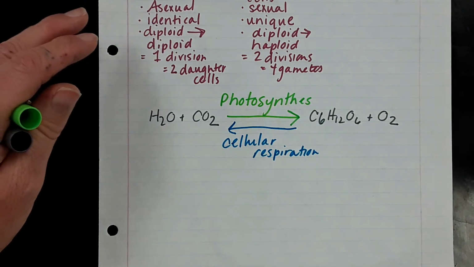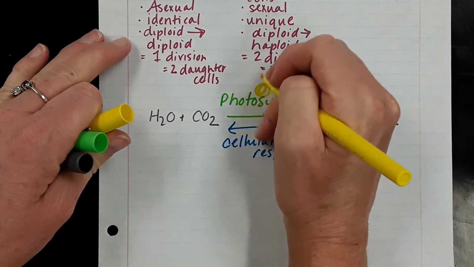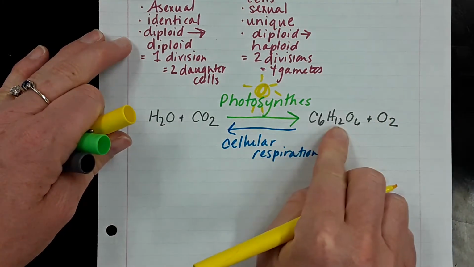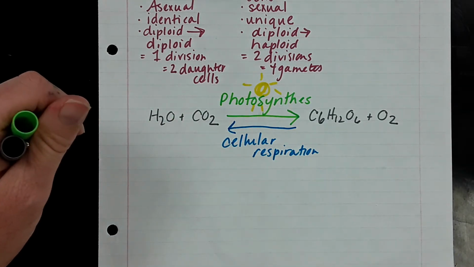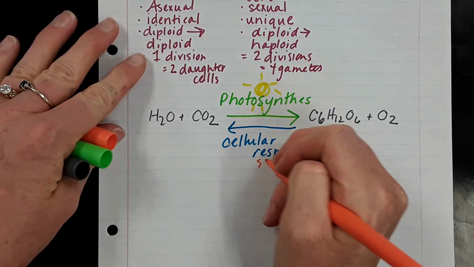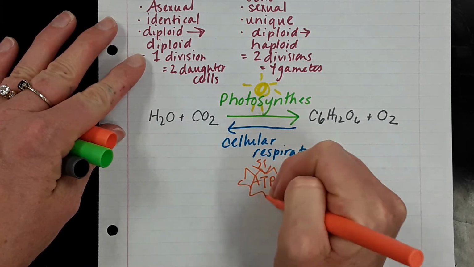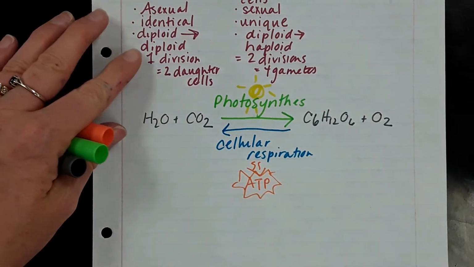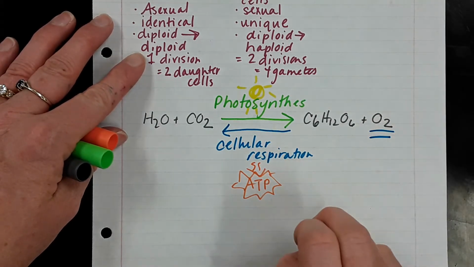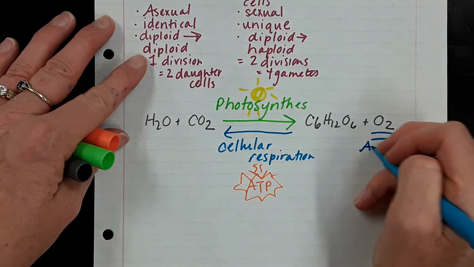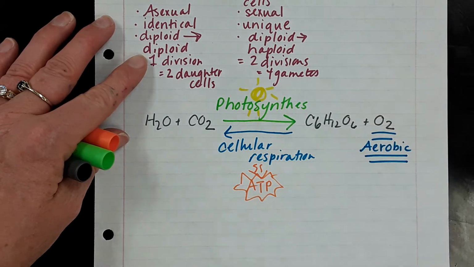As far as the energy goes, photosynthesis needs light energy, and it turns that light energy into chemical energy. That's the sugar. And cellular respiration is taking that energy and outputting us that ATP, that energy unit in the cell. Now remember, we get more ATP when this process is present with oxygen. And this is going to give us aerobic cellular respiration.